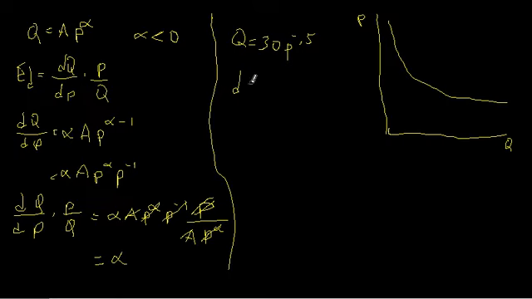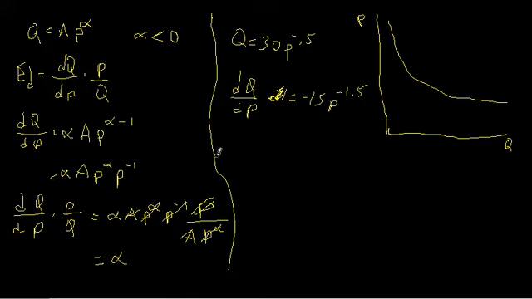Well, first thing we have to compute is dQ/dP. That's going to be equal to minus 15 times P raised to the minus 1.5 power.